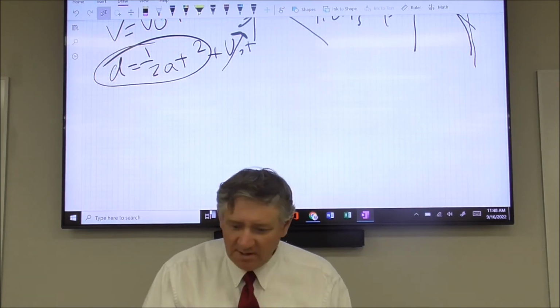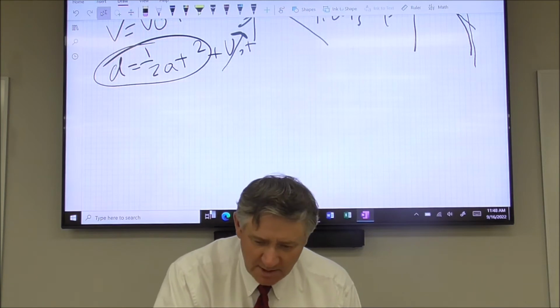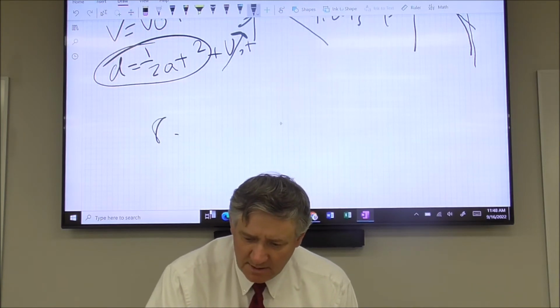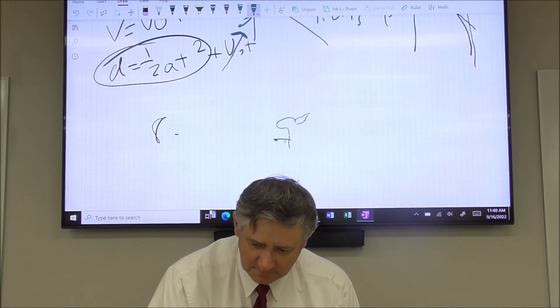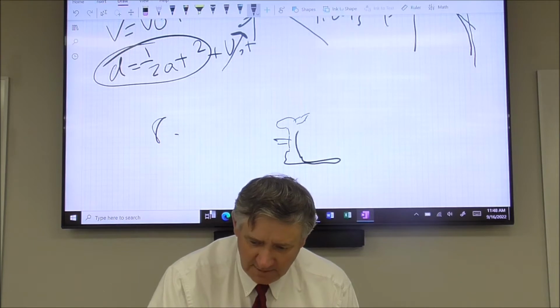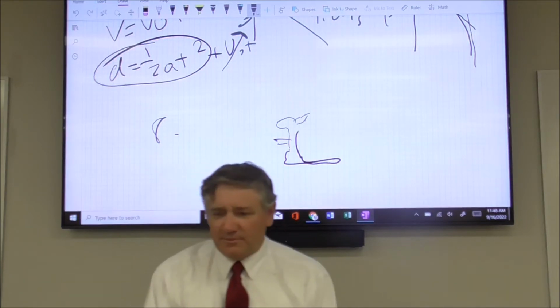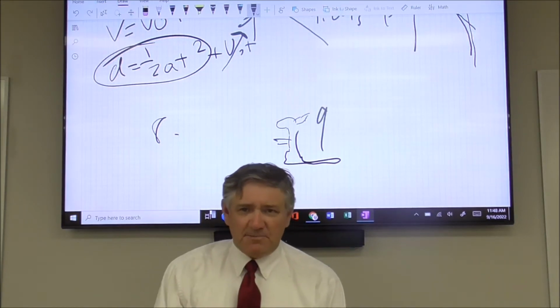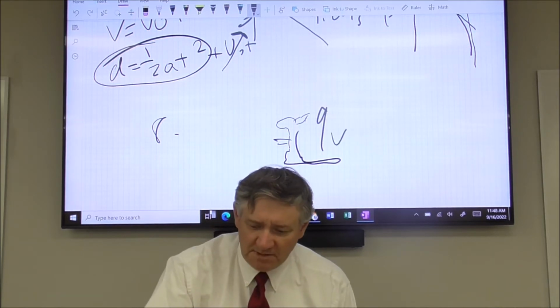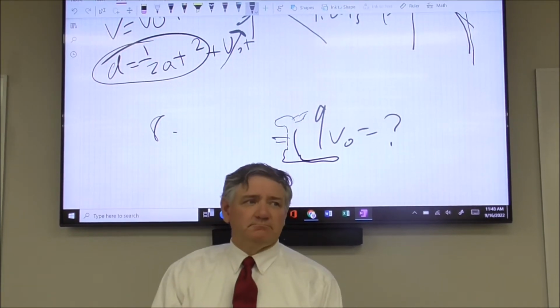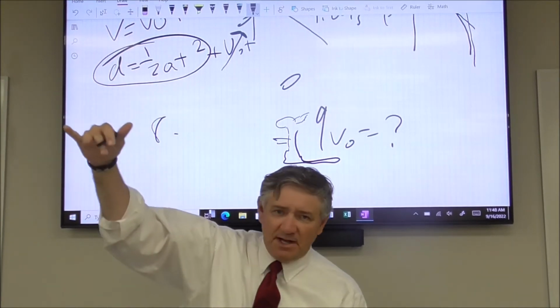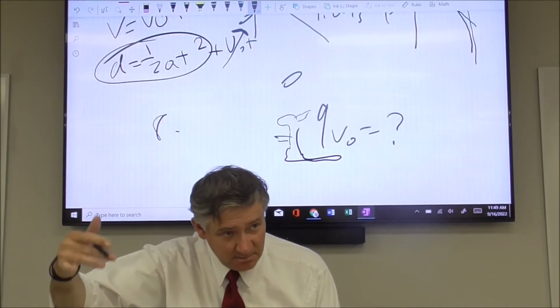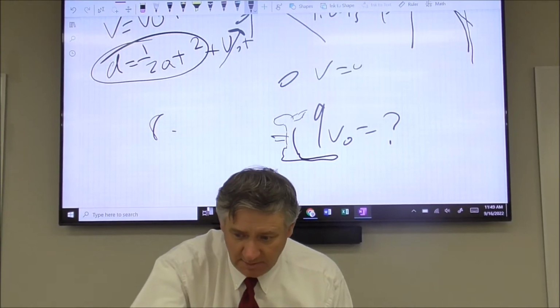So right away, on number 8, you're going to go, oh, here is Kanga the kangaroo. Kanga's going to jump up in the air with some initial velocity that I don't know. But when the kangaroo gets to its maximum height, the final velocity is going to be 0.